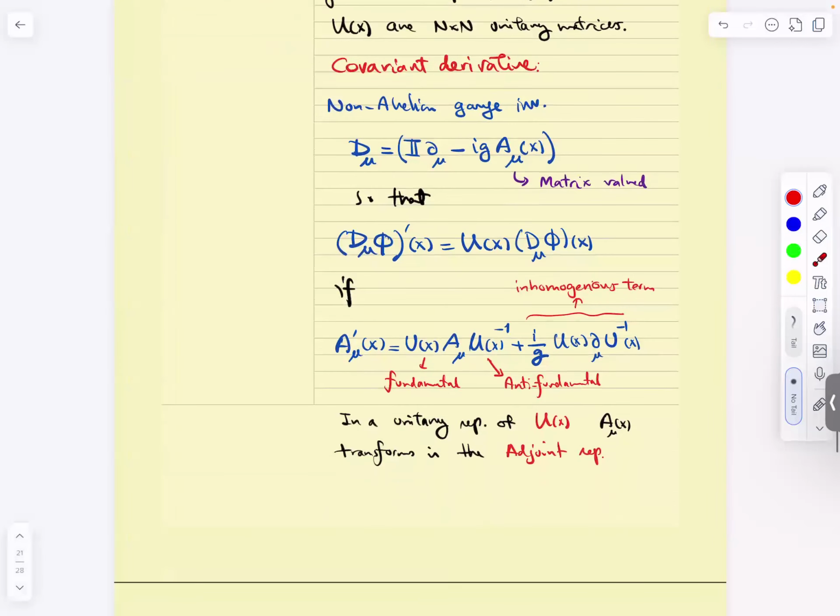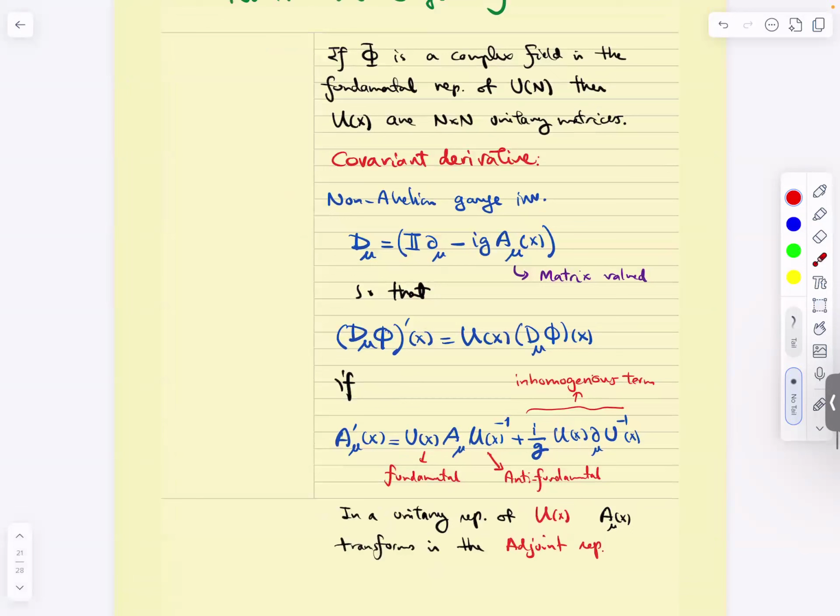Good. All right, so here's a covariant derivative. How does it transform? For the transformations to cancel properly, for a UN transformation to be a symmetry, you have to make sure that a mu as a matrix transforms properly. It should transform in the following way: fundamental on the left, anti-fundamental on the right, that's called the adjoint, plus i over g U of x del mu of U minus.